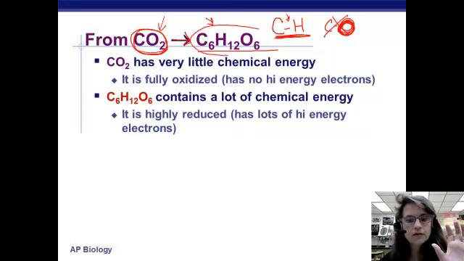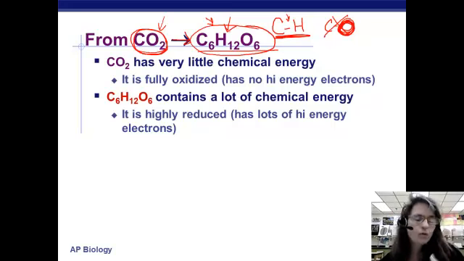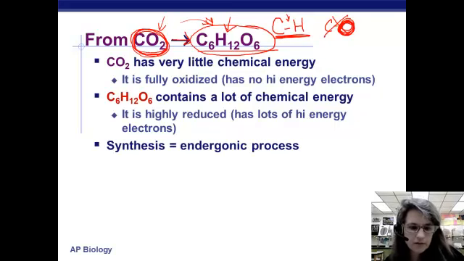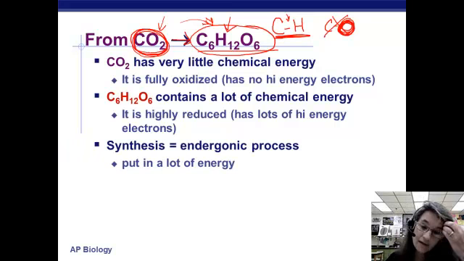The glucose molecule here is fully reduced, meaning it is holding a whole lot of energy-rich electrons. So we're going to go from this thing that has been stripped of all its usable electrons to this that has got lots of usable electrons. Okay. Now, in order to do that, it's an endergonic process.